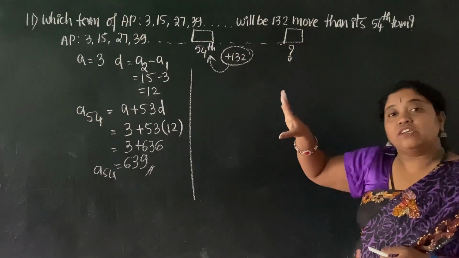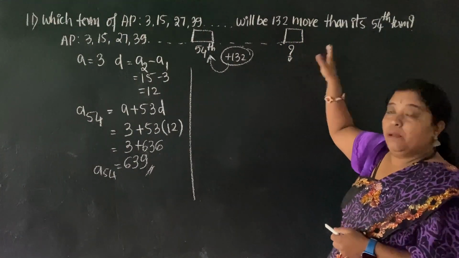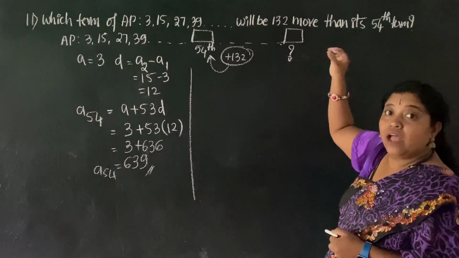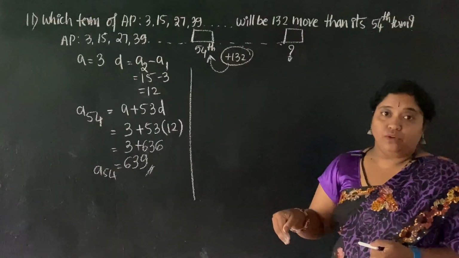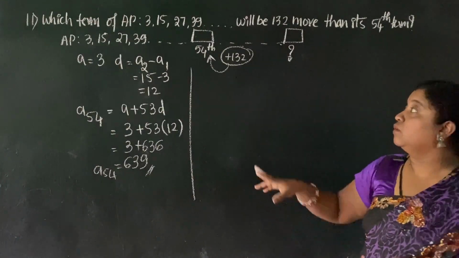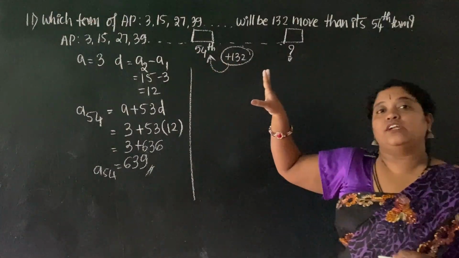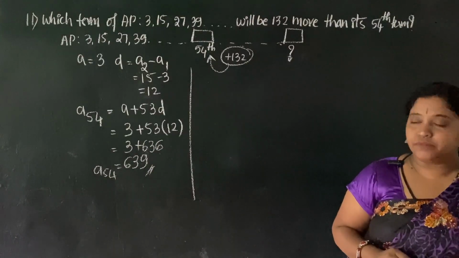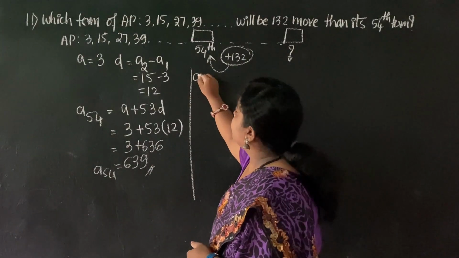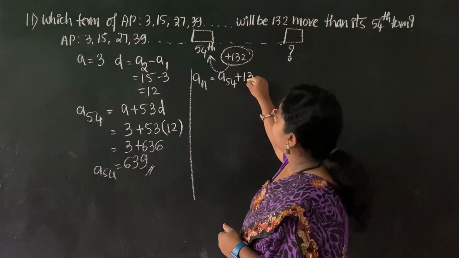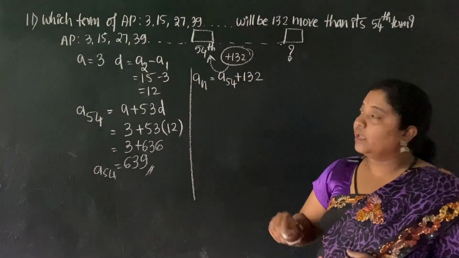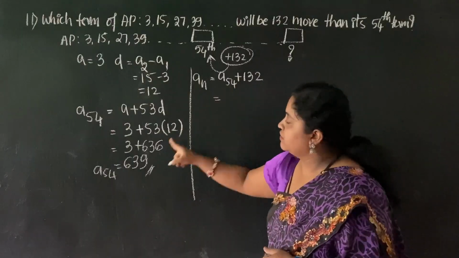In fact, the question is going to ask me the n value. But to calculate the n value, at least I should have An value, right? So how can I calculate An? The 54th term plus 132 would give me An. Now, An is equal to A54 plus 132. Now see, what is A54?